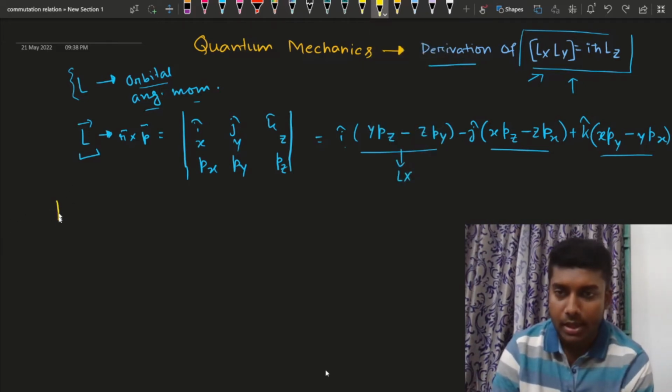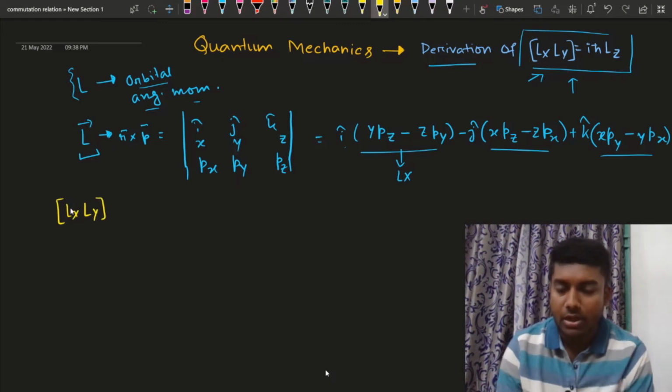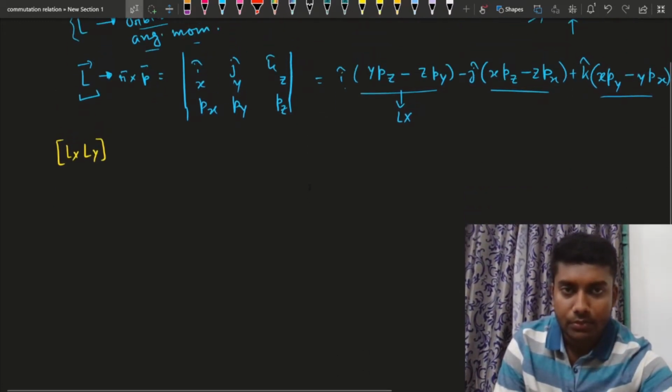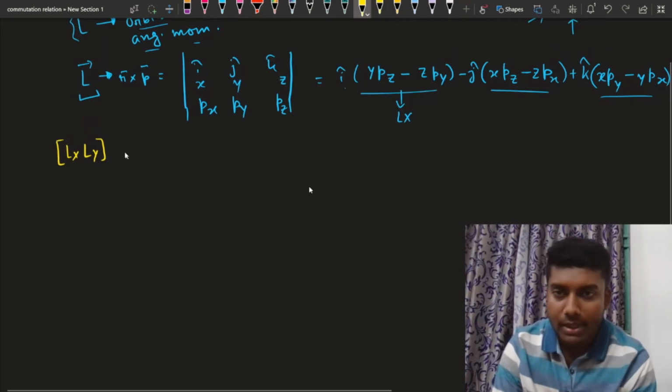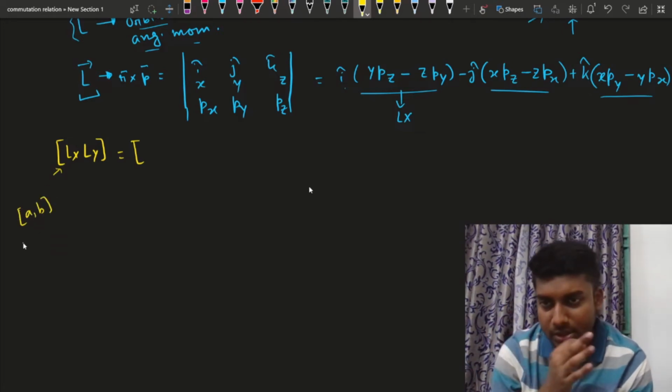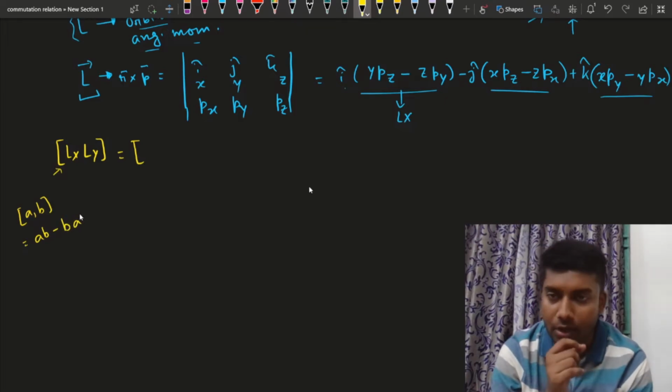Now Lx, Ly, let us understand it. I have to write here Lx, Ly in the commutation bracket. This is called the commutation bracket. Suppose we have A, B in the bracket, that means this will be equal to AB minus BA. This is the meaning of the commutation.